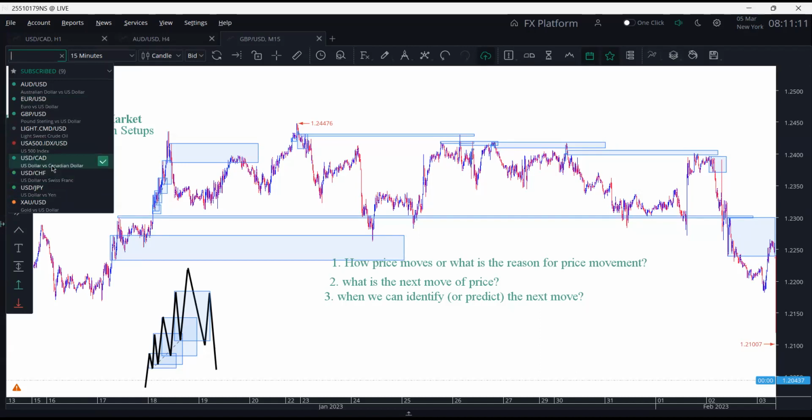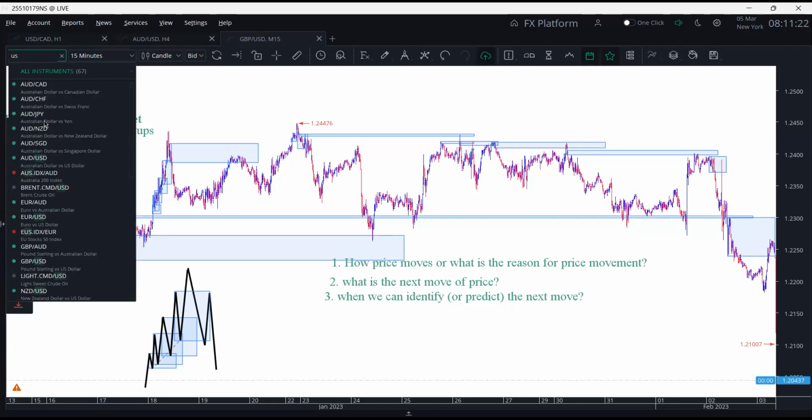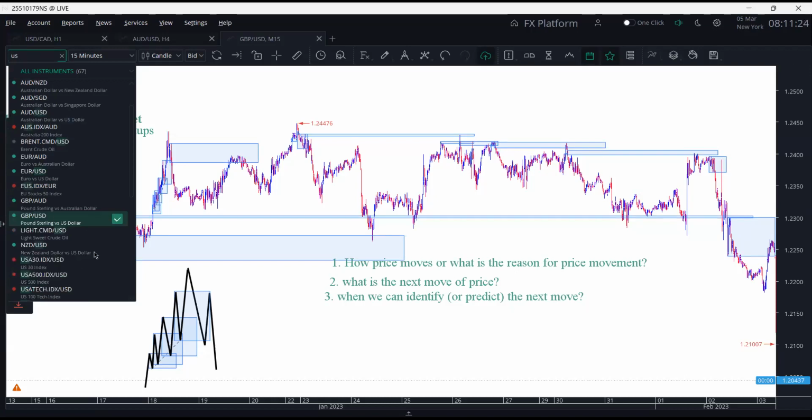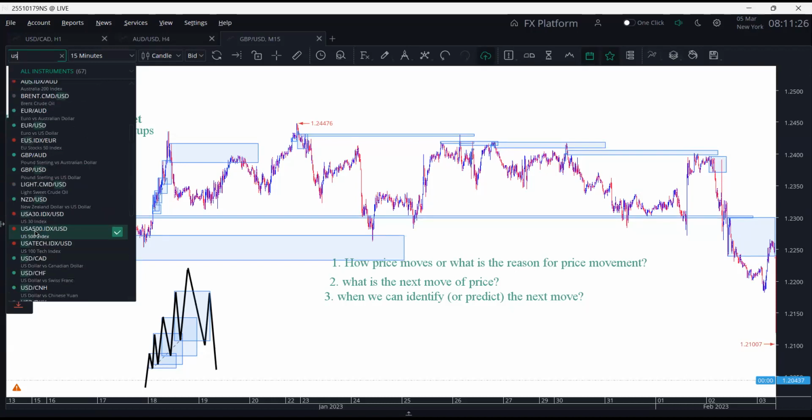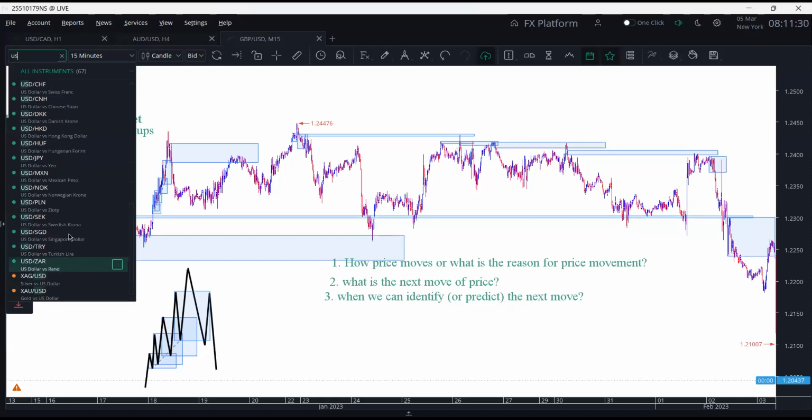What is the symbol of the Nasdaq? So it's US 100. You can try US 100. Let me find the US 500. In JForex, maybe I don't have it.